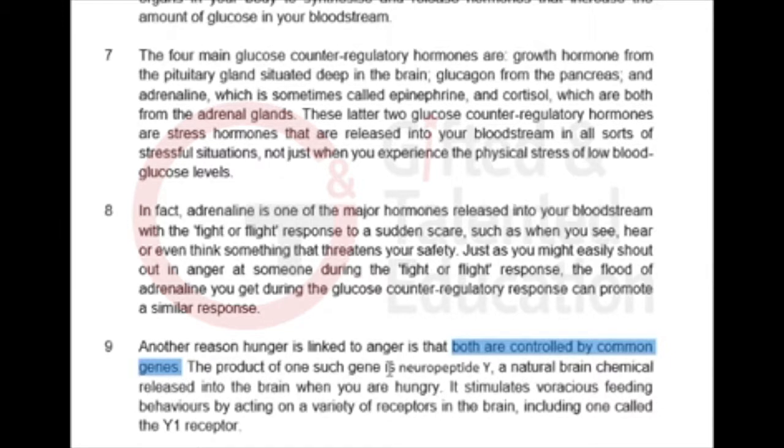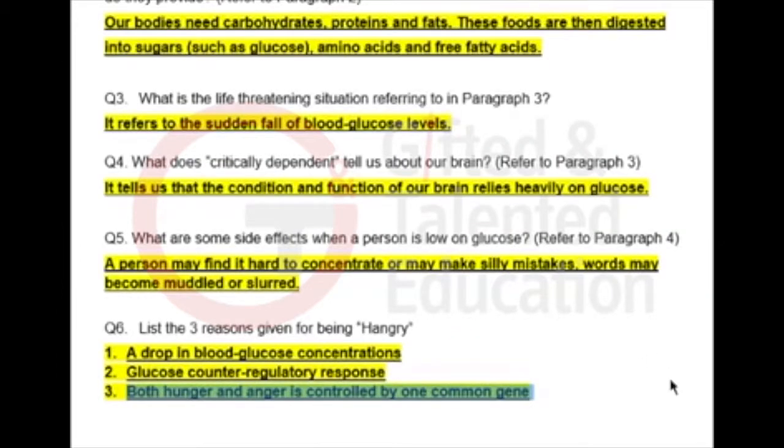And this gene is neuropeptide Y. There you go. The last reason for being hangry: both hunger and anger are controlled by one common gene.